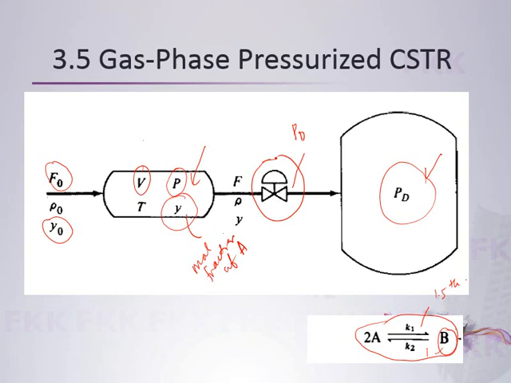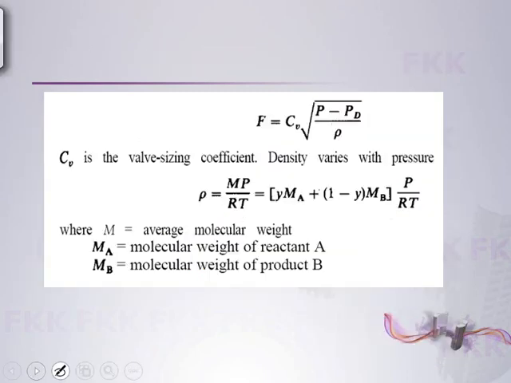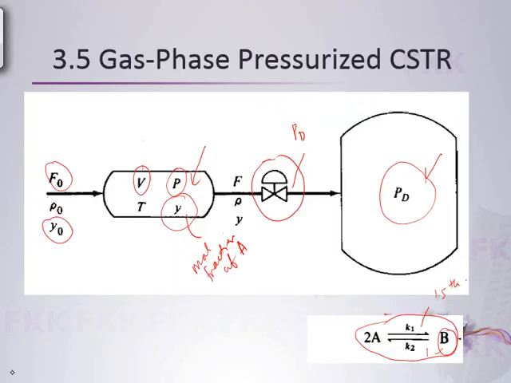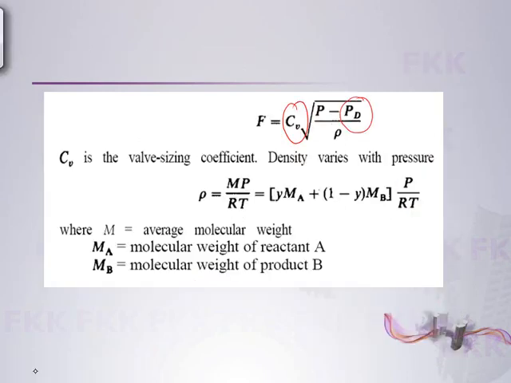Your CV here is a valve sizing coefficient, and PD is actually the pressure in the tank there. Oh no, this is not right. The PD is in here. So the flow here will depend on the equation just now.